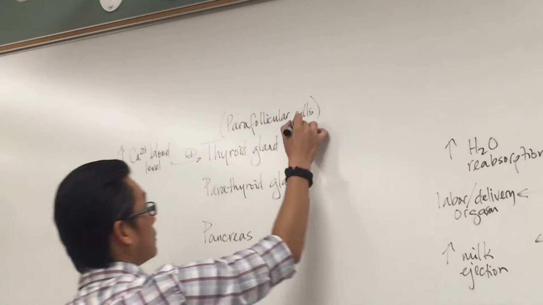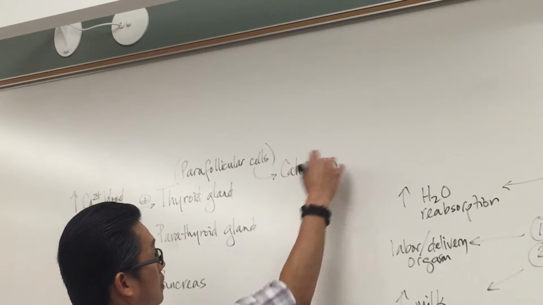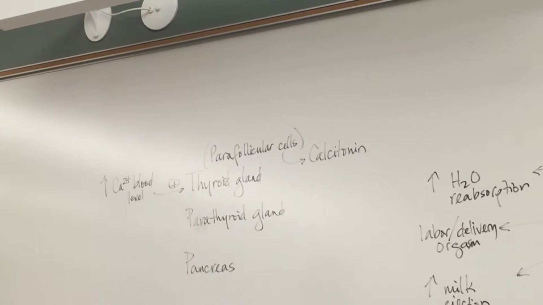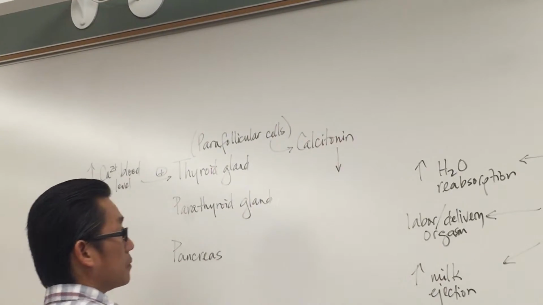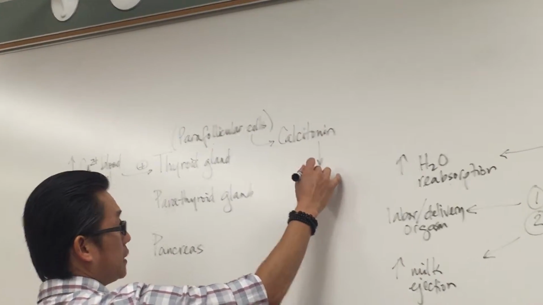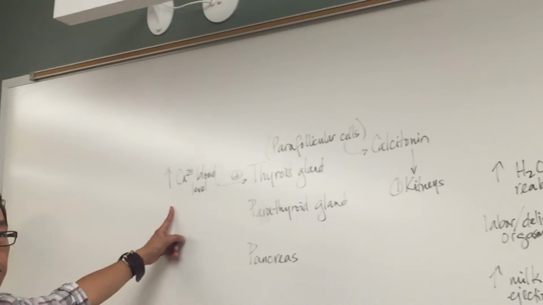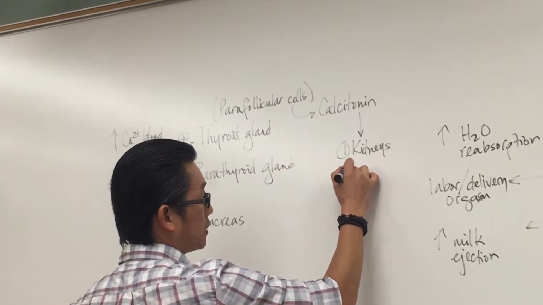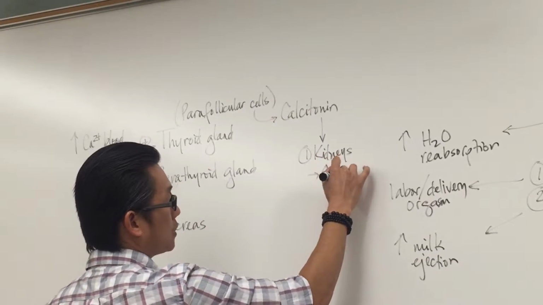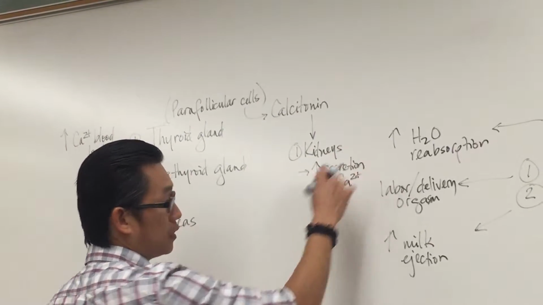This is going to release calcitonin. Calcitonin goes to the kidneys. Because you have an increase in blood calcium level, it goes to the kidney and it increases the secretion of calcium into the urine.